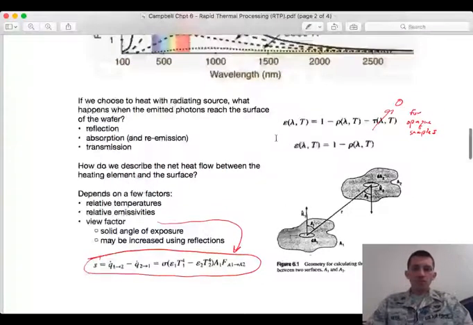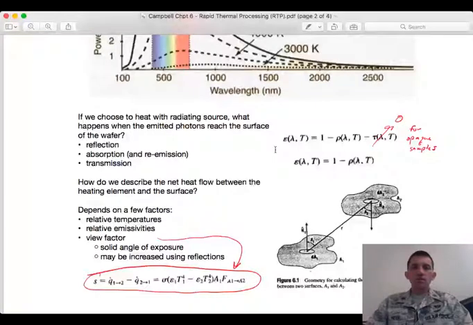Silicon wafers are generally opaque, so we can neglect the transmissive part for wafers that are thick enough. And so we can estimate the emissivity.